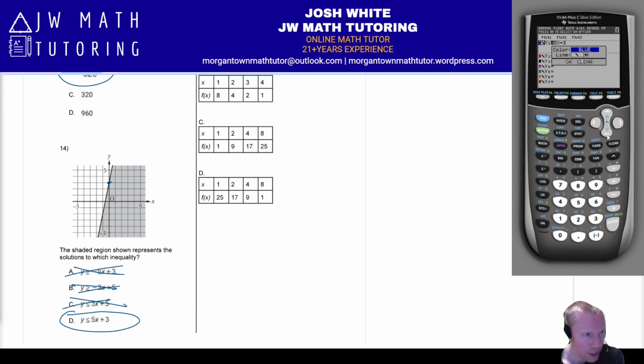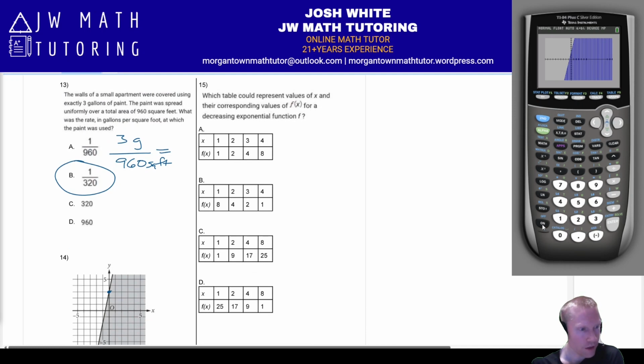Now here's where I can change the inequality symbol. This one is less than, so I want the one that's pointing down and to the left. Now I can graph it, and it should look pretty similar to what we see on the screen here. I could adjust my viewing window to make it -5 to 5 for both x and y to match it up, but notice this matches the correct answer.